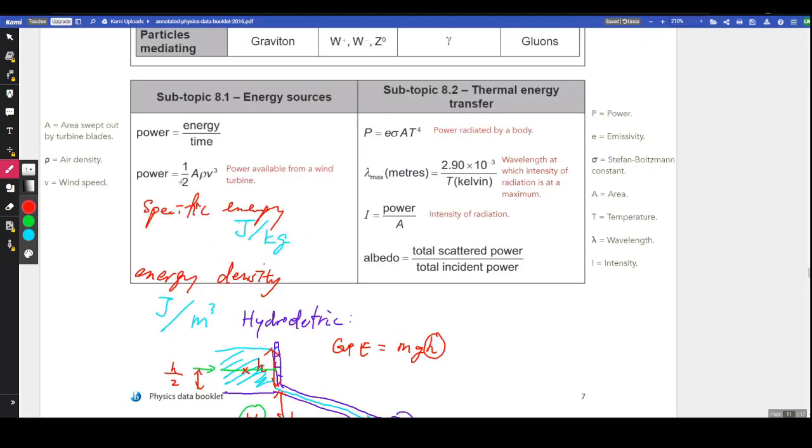Alright, so back to the second equation, you see here is the power, and you should know this is referring to wind power, and that is the equation half A rho v cubed, where A is the area of the blade, rho is the air density, and v is the wind speed, to the power of 3. The assumption of this equation was widely discussed in the video and also in the syllabus, so I'm not going to repeat it, but one really key idea, okay, I'm repeating it, is that the wind would not stop after the turbine.